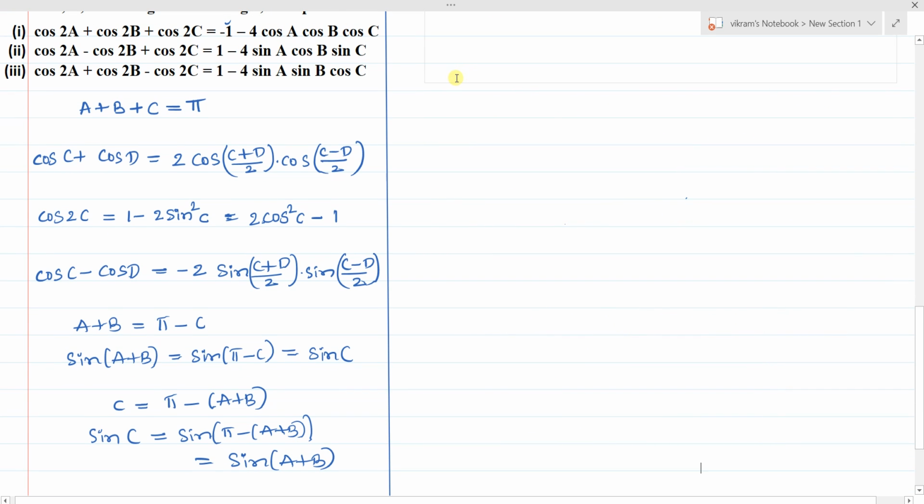The next question is cos 2a. The LHS of the third question is cos 2a plus cos 2b minus cos 2c. For the first two terms, we can use the cos c plus cos d formula.